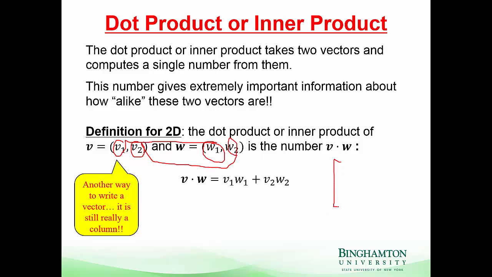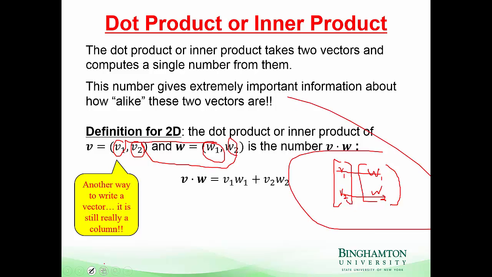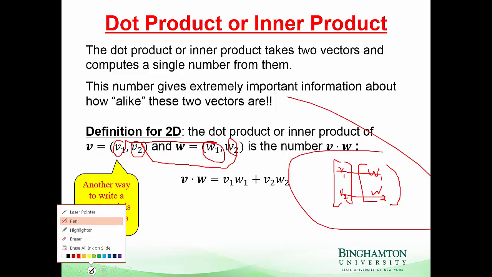So if we had these as columns, we would have v1 and v2, and then we would have w1 and w2. Sorry about the scratchy writing here. We would just line those two up and multiply them, and line those two up and multiply them, and then add the results. And that's the inner product.